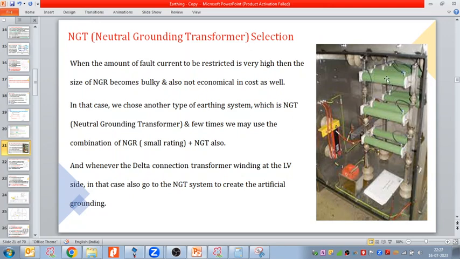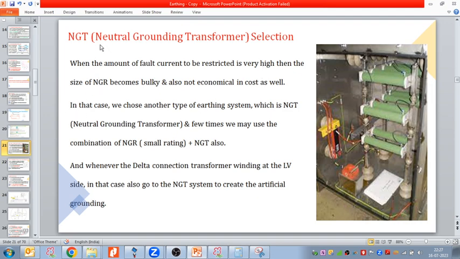If your line to ground fault current is very high and you want to limit that fault current to 100 or 200 ampere, then your resistance would be bulky. In that application, NGR is not suitable. We will discuss that application as well.